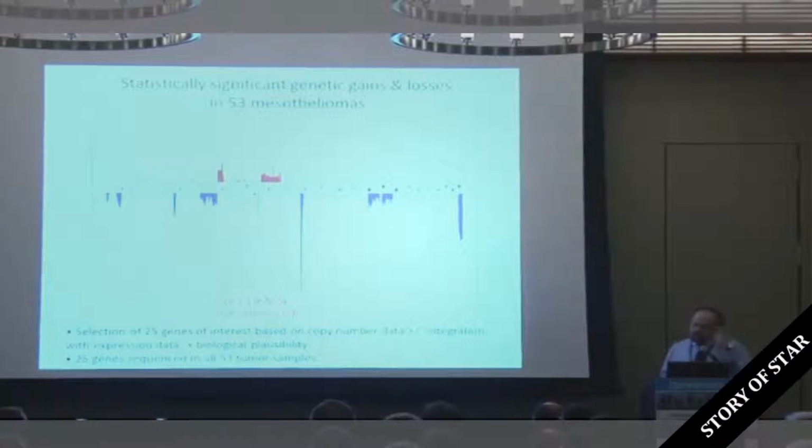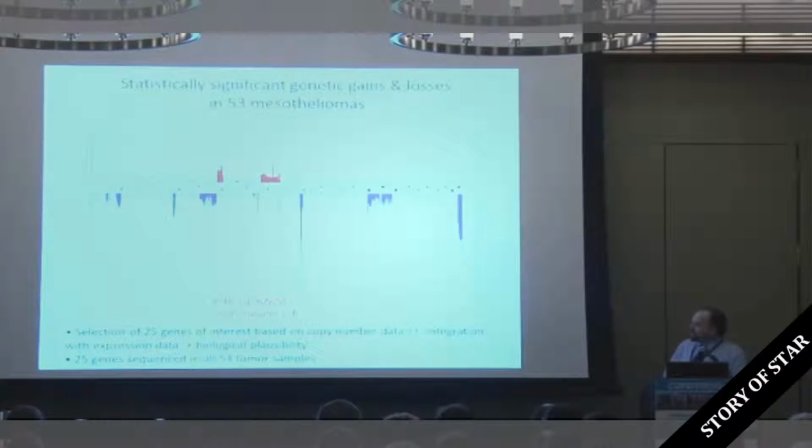So just one last little bit, I want to tell you about something else that's bigger than this, so to speak. As I mentioned, in our studies in our lab, we looked at 25 genes, and one of these 25 genes was a very interesting new gene in mesothelioma.